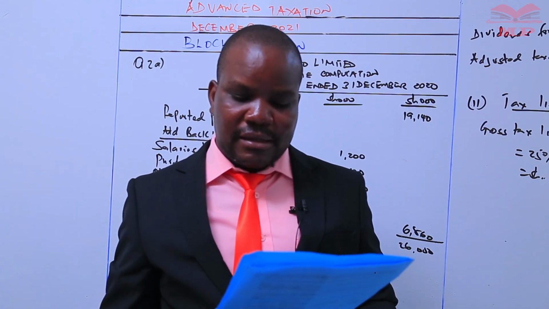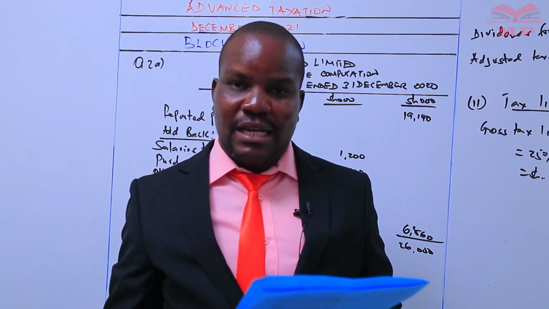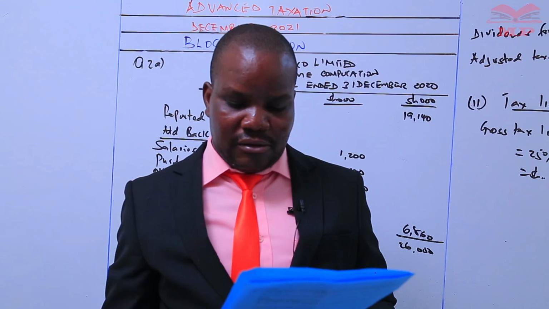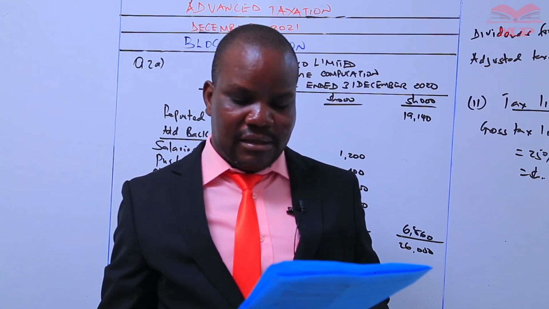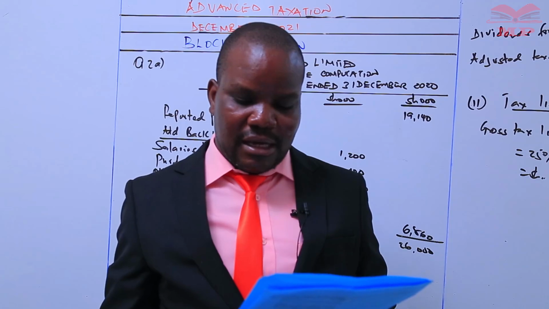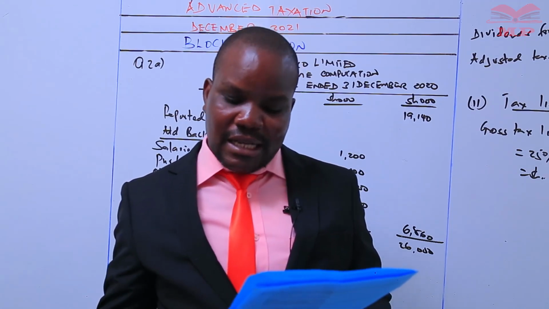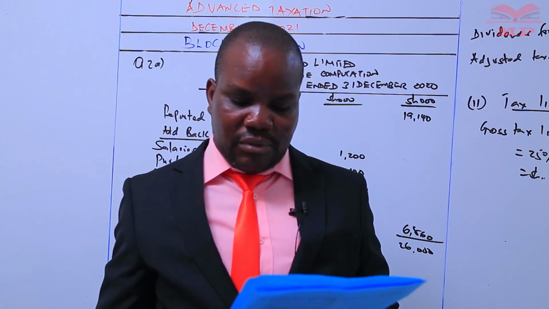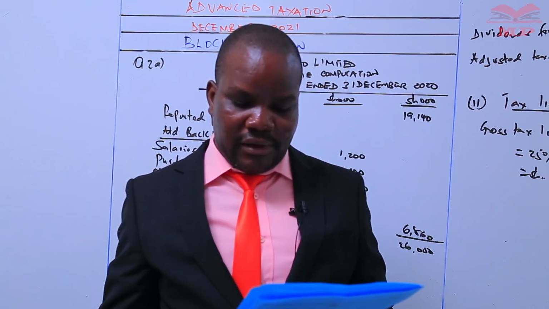Now, cost of computers is a capital expenditure which we shall disallow, but then we shall allow for capital allowance on computers. That is wear and tear allowance. Currently, wear and tear allowance on computers is at 25%. So we shall disallow the cost of 800,000, but then we shall allow for capital allowance of 25% of 800,000 shillings.